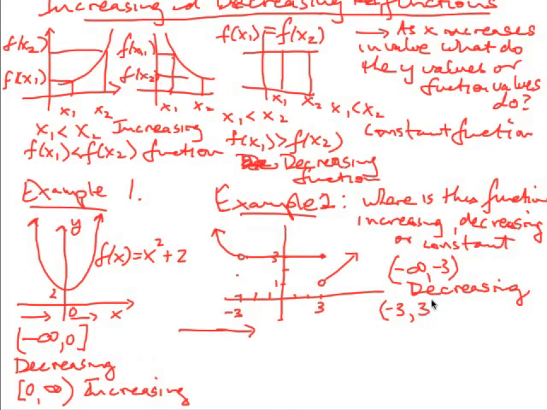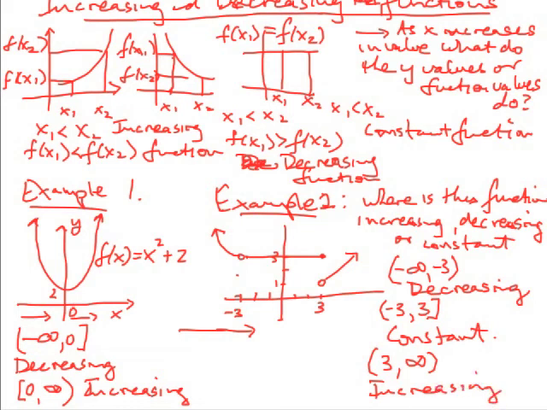Now we have got 3, so it's constant at 3. So this is where it's constant. Then what happens? Well, from here, not including the 3, onwards it is going to be increasing. Okay, and that's how we determine intervals where a function may be increasing or decreasing.